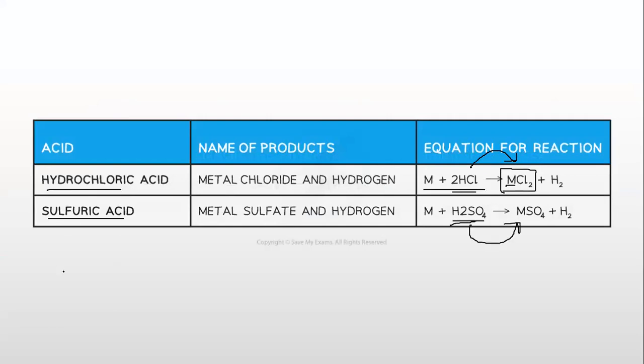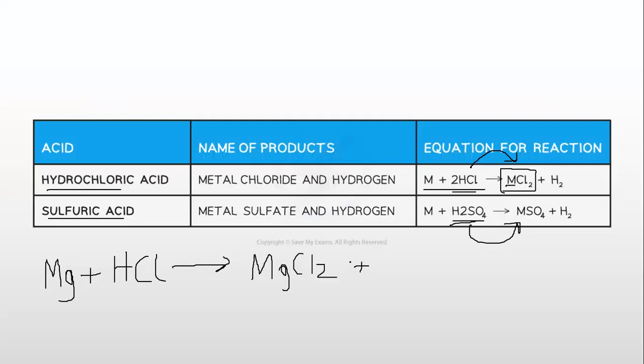For example, can you tell me any metal? Magnesium. Okay, I'll react magnesium with an acid, which is HCl. Can you tell me what salt would be produced? Magnesium chloride. Exactly, MgCl2. And what would be the other product?